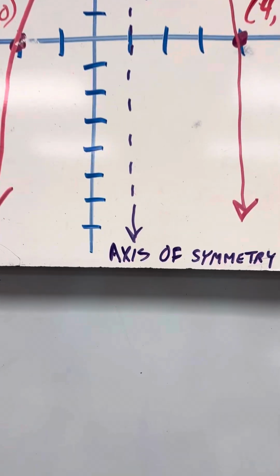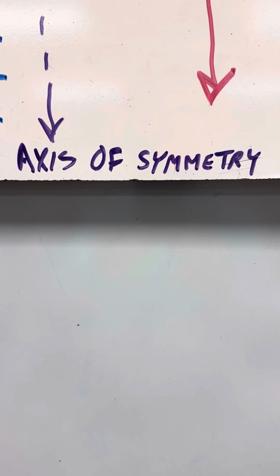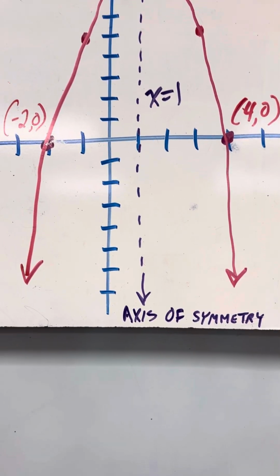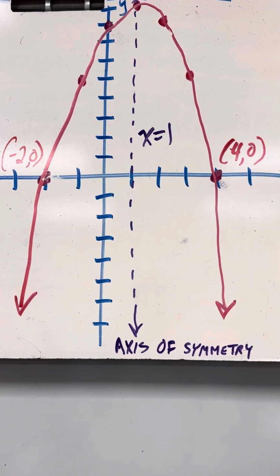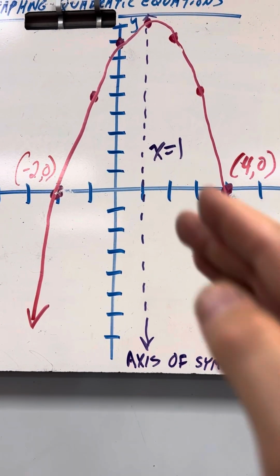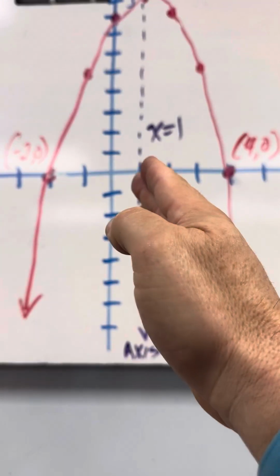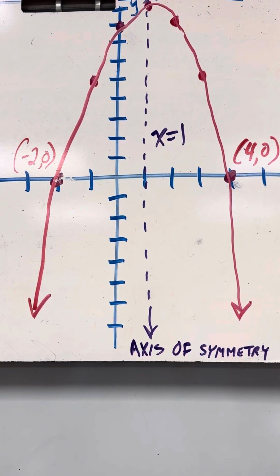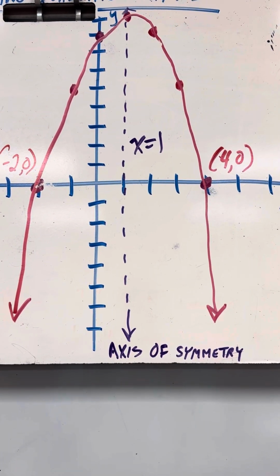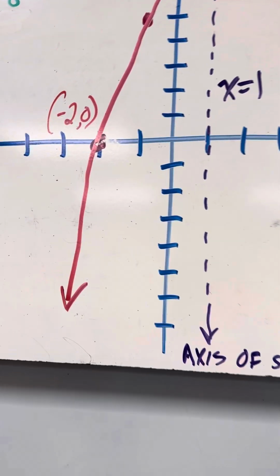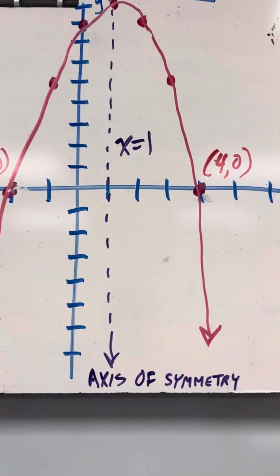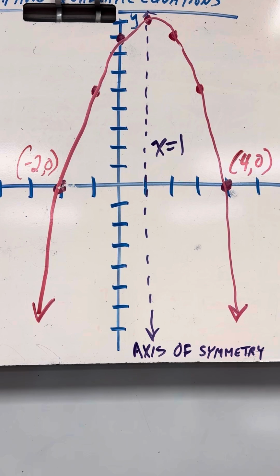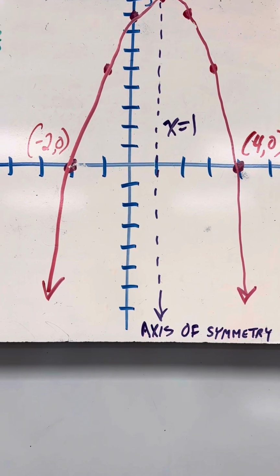That's called the axis of symmetry, because this curve is symmetrical. It's exactly the same on this side as it is on this side. So x equals 1 is the axis of symmetry. Negative 2, 0 and 4, 0 are called the roots, where the graph crosses the x-axis. Okay.